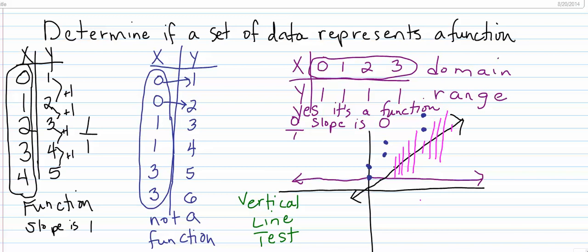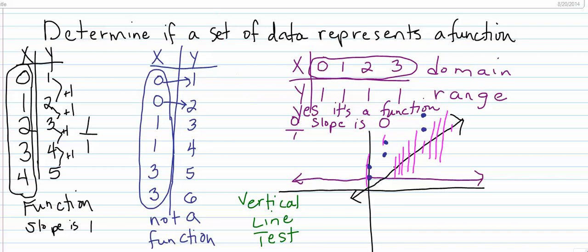Okay, let's look at the blue set of data points. We determined already that that one was not a function. That data set is not a function. If all I had was the graph and I didn't have the ordered pairs in the table like I do, I could look at the graph and say, if I draw one of my light purple lines here, it crosses 2 blue dots on the same vertical line, even though it's not a very straight vertical line.